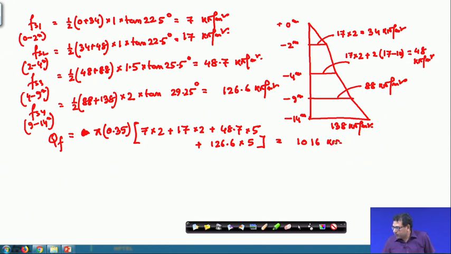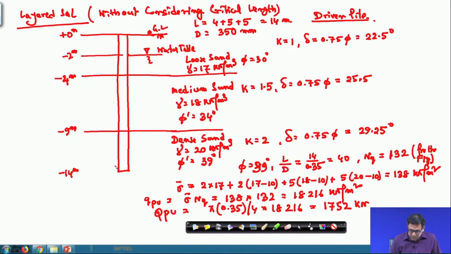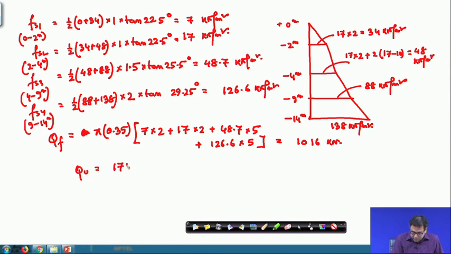Okay. So, the value is 1016 kilonewton, and the ultimate value will be equal to 1752 plus 1016, that is equal to 2768 kilonewton.